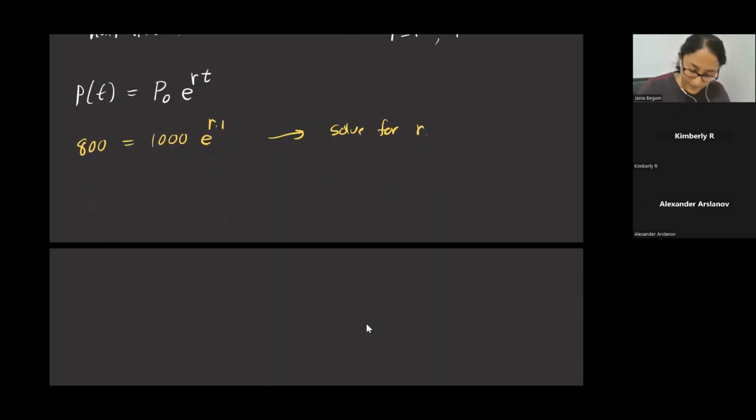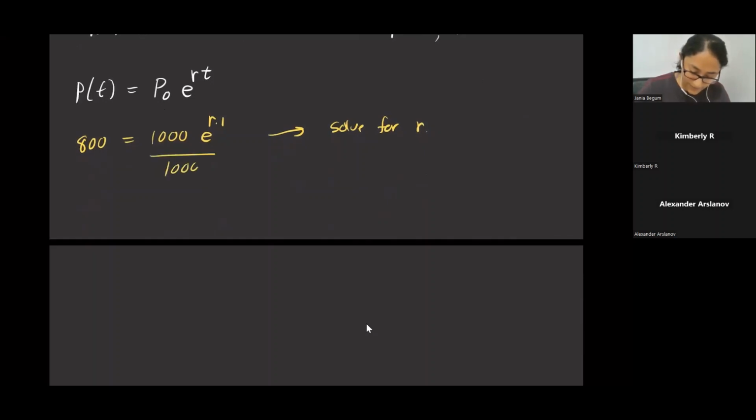Yeah. Okay, so I will go ahead and divide by the initial amount. That gives me 8 over 10 is equal to e to the power of r, because r times 1 is just r. Now, you remember how to solve for r here? You would take ln on both sides. Good.